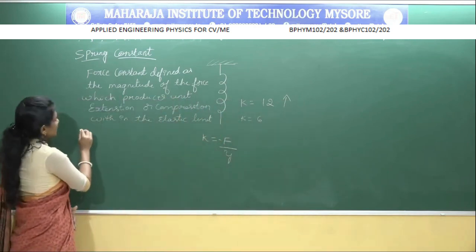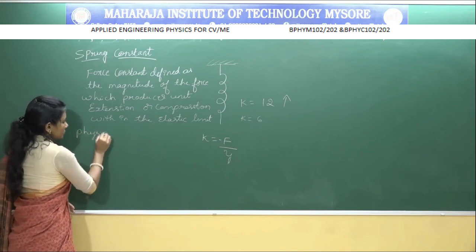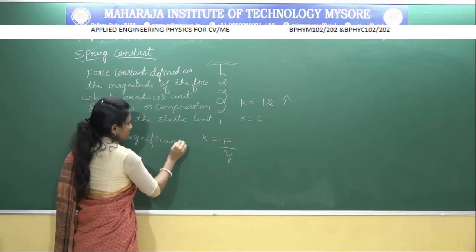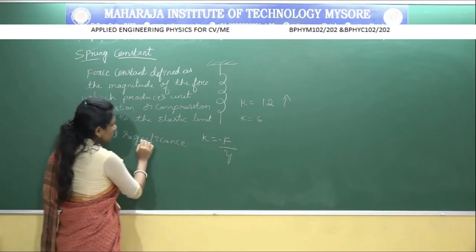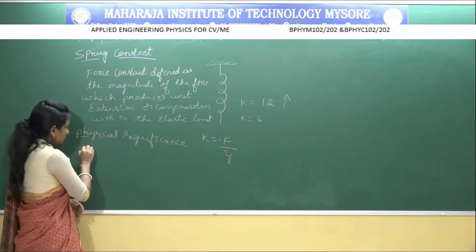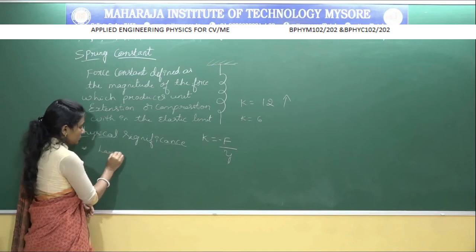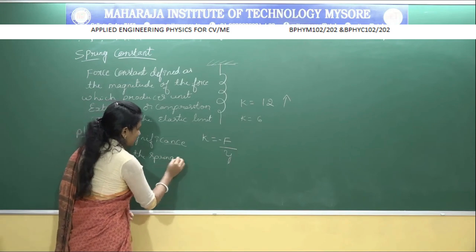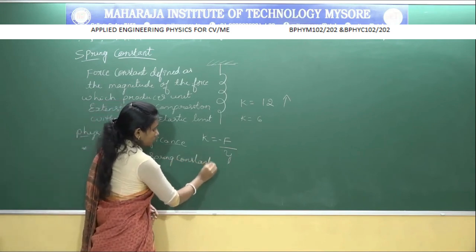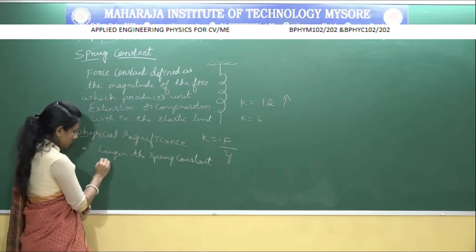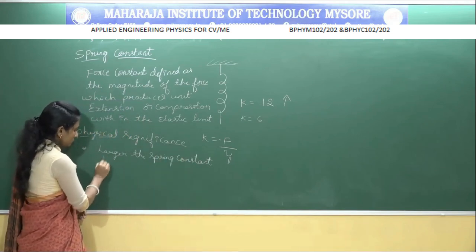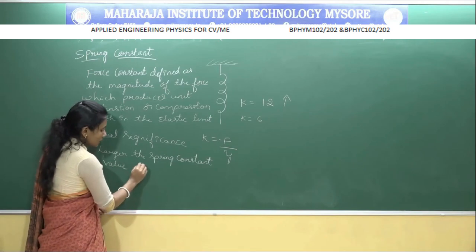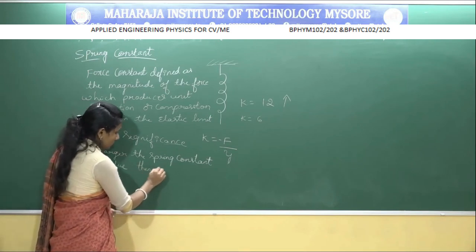Then what is the physical significance? The larger the spring constant, the stiffer the spring.